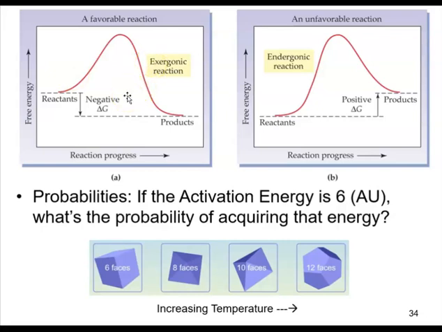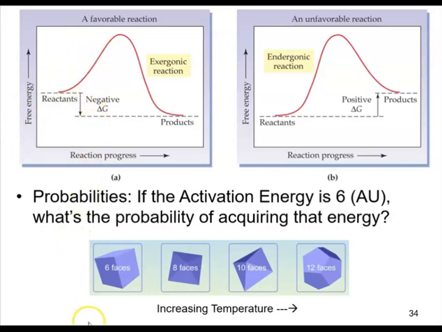The higher the temperature, the more energy the overall system has, the more likely it is that your reactants are going to get that certain amount of energy. So you can think of this as different faces on a die. Let's say this activation energy is 6 arbitrary units.